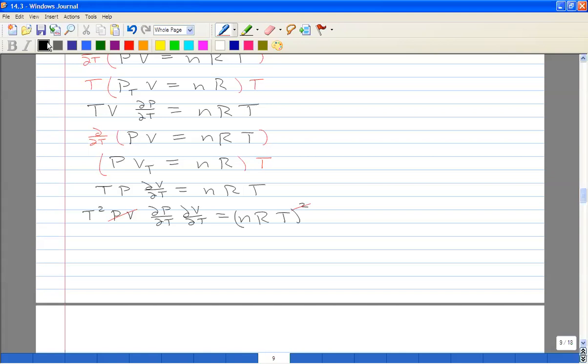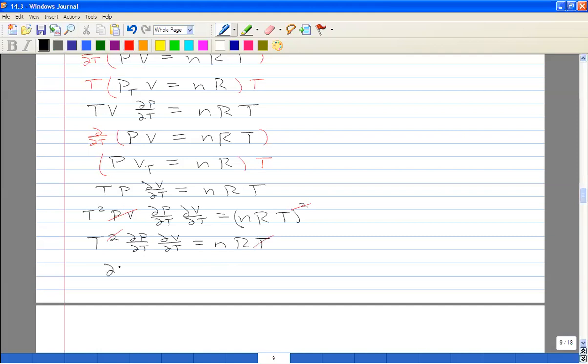Okay. So I have that t squared, partial p partial t, partial v partial t is nRT. So cancel one of the t's.